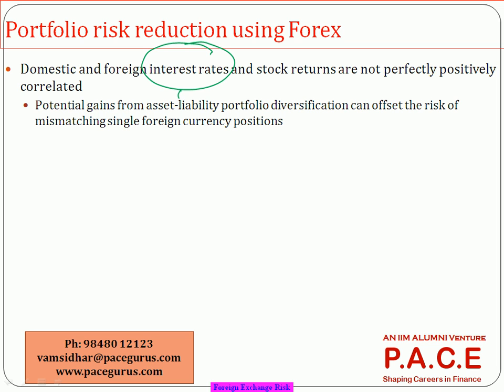So you don't observe perfect correlations in all these kinds of markets. And a simple concept of portfolio is, wherever the two markets are not perfectly correlated, you combine your investments in both the markets, wherein you can reduce your overall risk. That's a typical definition of a portfolio itself.